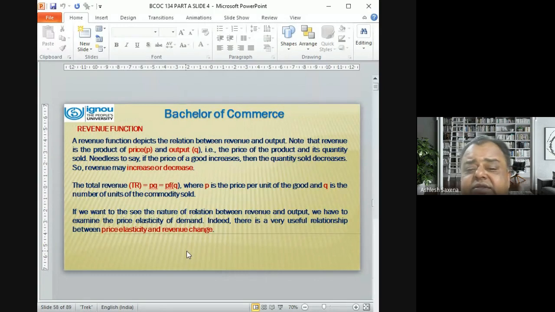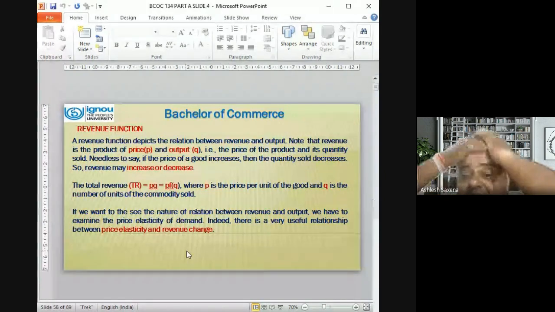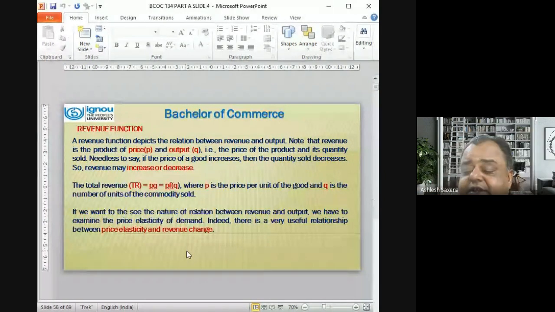Total revenue is TR equal to PQ, which is equal to price into a function of quantity. If we want to see the nature of the relation between revenue and output, we have to examine the price elasticity of demand. Indeed, there is a very useful relationship between price elasticity and revenue change.